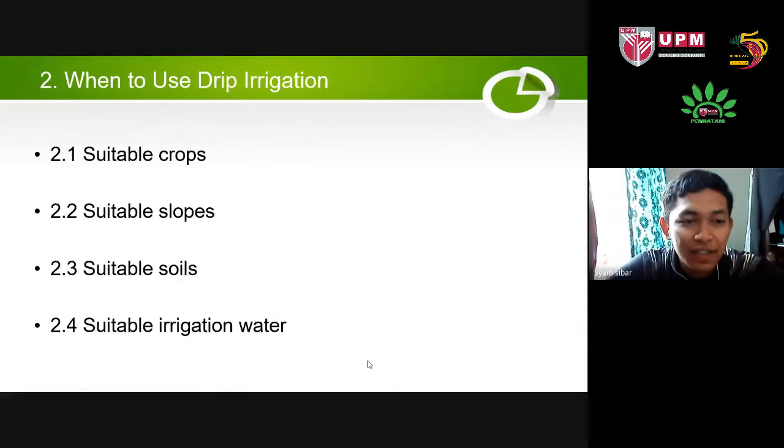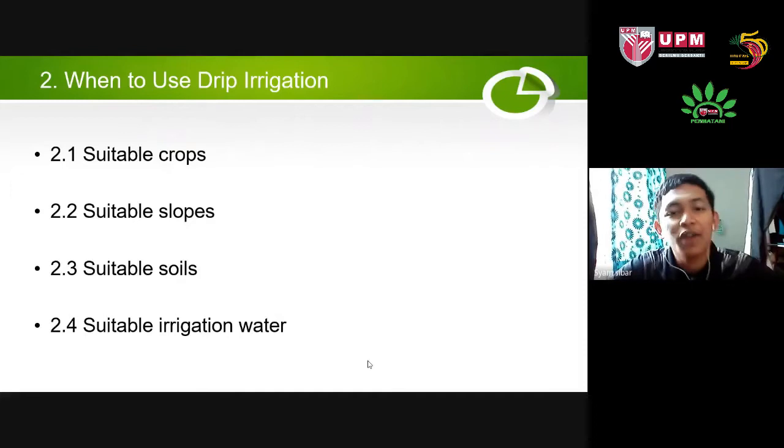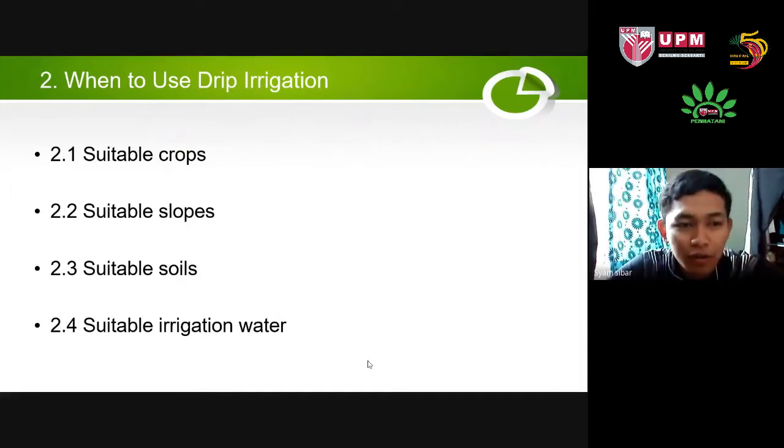This irrigation system has one main problem: it is easy to get blockage at the emitters because all the emitters have very small waterways, ranging from 0.2 to 2.0 millimeters.